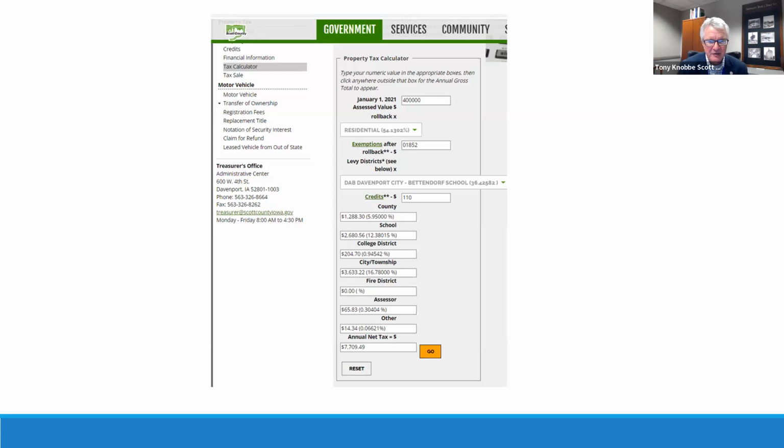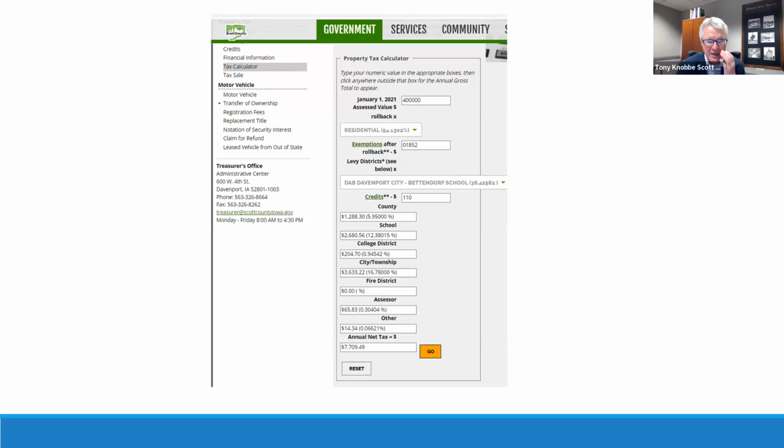That person would be eligible for an $1,852 reduction in taxable value, or in other words, an exemption. And that's opposed to a credit, which is a dollar for dollar credit against the amount owed, like homestead exemption. So there's some differences in how those things are calculated.